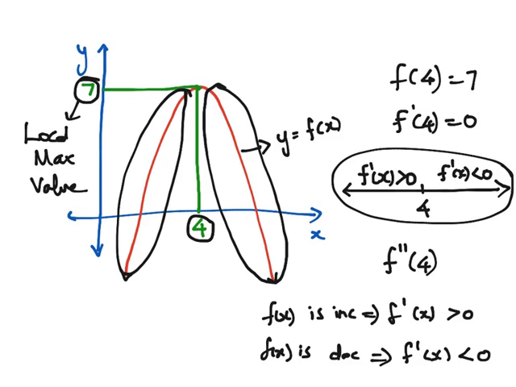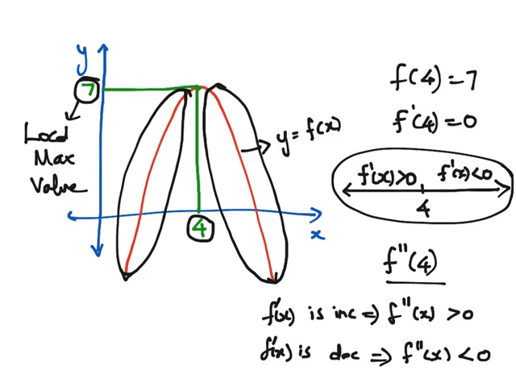Same way, if f dash of x is increasing, it means f double dash of x will be positive. If f dash of x is decreasing, then f double dash of x will be negative. So I'm going to use this concept to find out whether f double dash of 4 is positive or negative or 0.